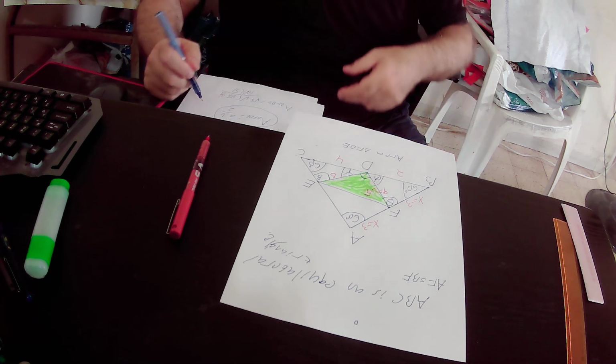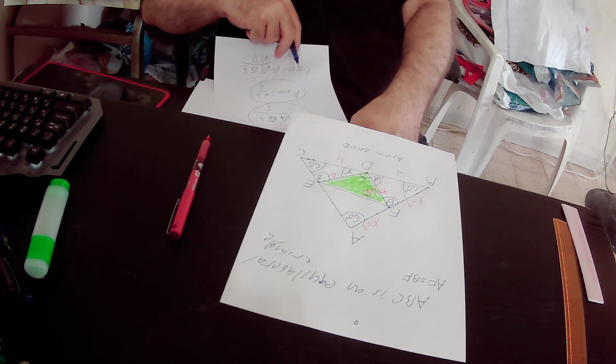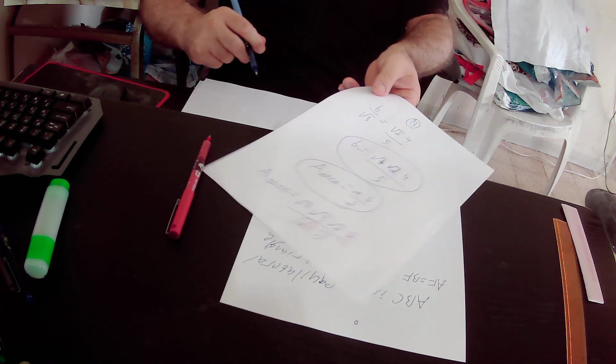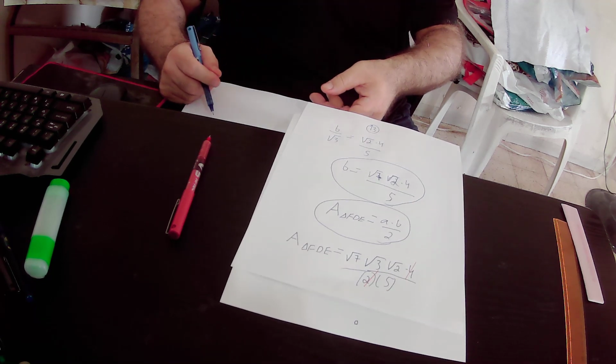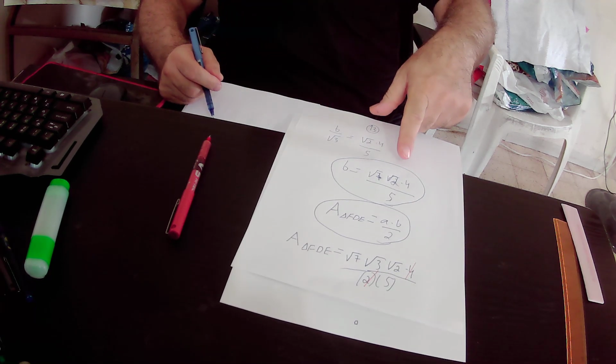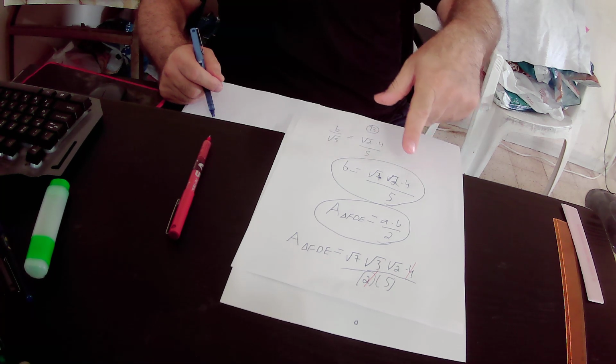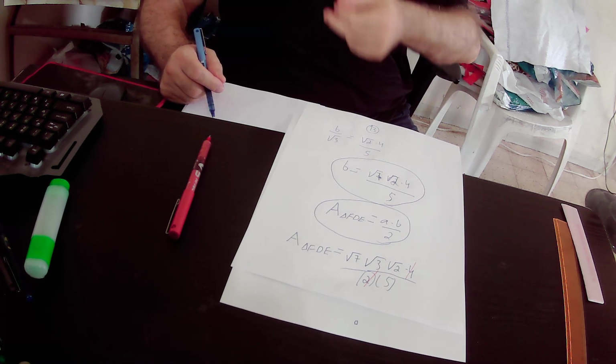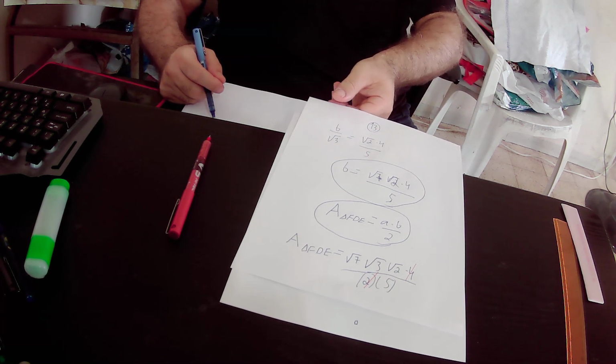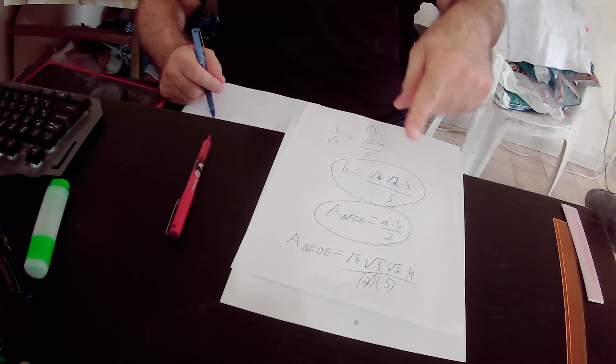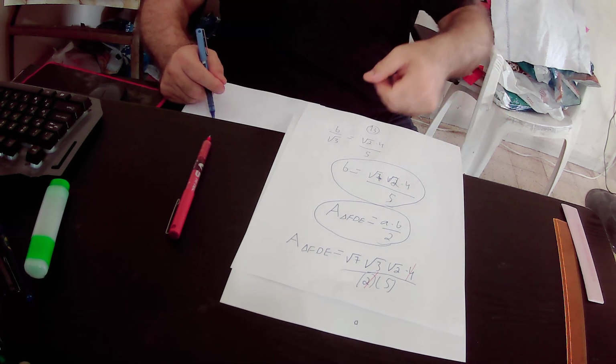Okay, actually we have here B equals the root of 7 times root of 2 times 4 over 5. So the area of the triangle equals A times B over 2.